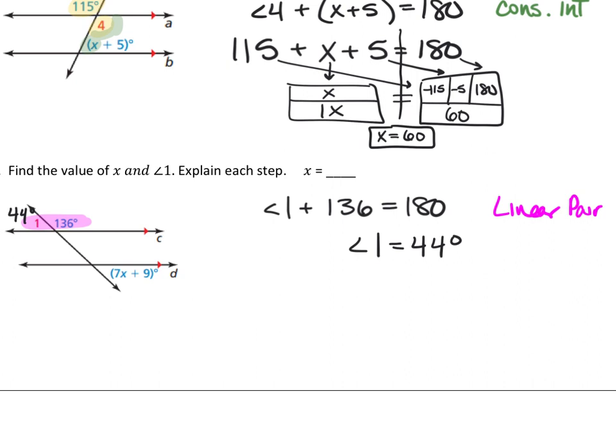Alternate exterior. An alternate exterior on my document says that they are equal. So we know that 44 is going to be equal to 7x plus 9 degrees. Again, that is because of the orange vocabulary word for today, alternate exterior.